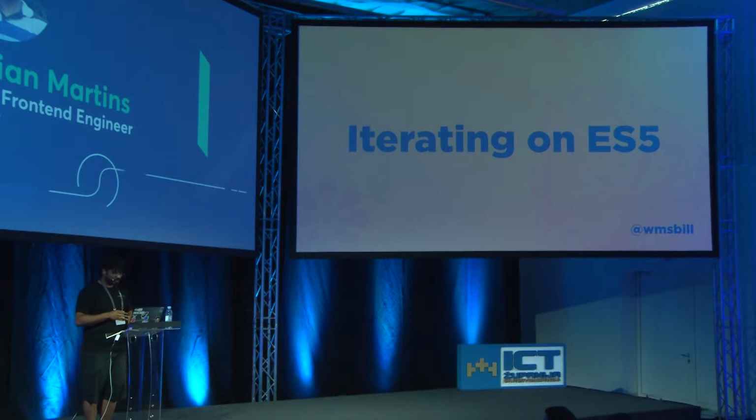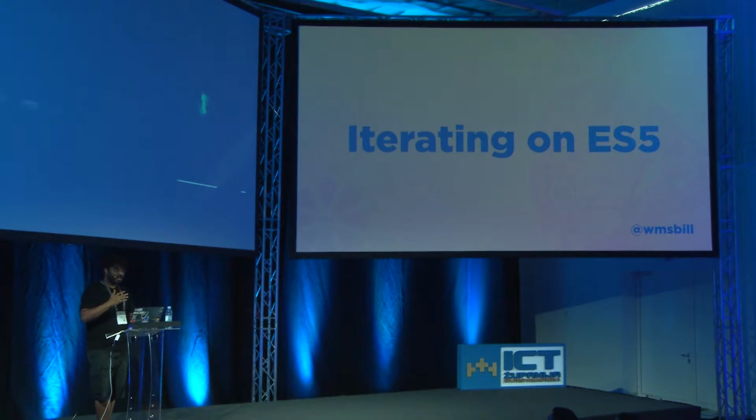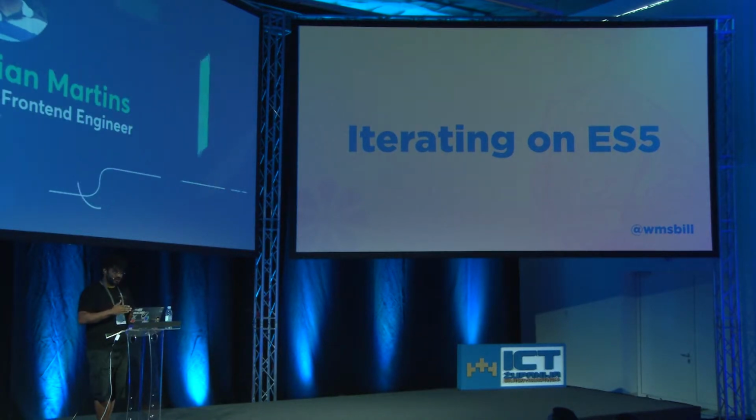So controlling these indexes and variables in for or general loop statements can lead to some sources of bugs. So with the introduction of ECMAScript 5, some array methods were created that can help you process this collection. You can have methods like forEach, map, filter, or reduce.